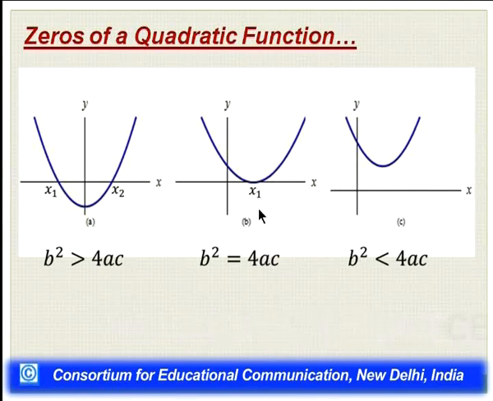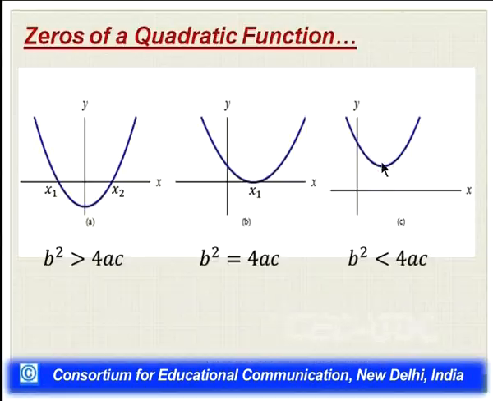So here you have a parabola which is literally just sitting on the x-axis at this point, x1. And finally, if b square is less than 4ac, then because we have no real roots, this is going to be a parabola which will lie above the x-axis everywhere. It is not going to intersect or touch the x-axis anywhere.